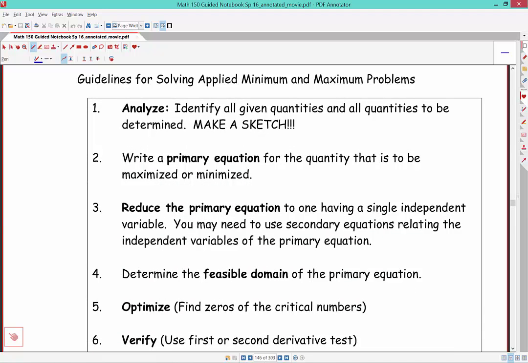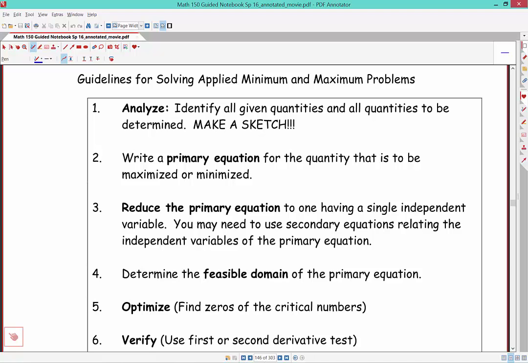Basically, what you need to remember is this is just like in pre-calc when you were given something along the lines of, Farmer John has an area that he wants to fence in, and he has this much fencing.